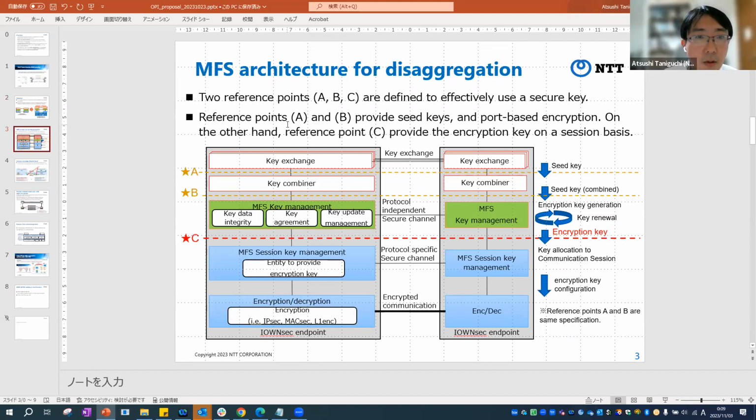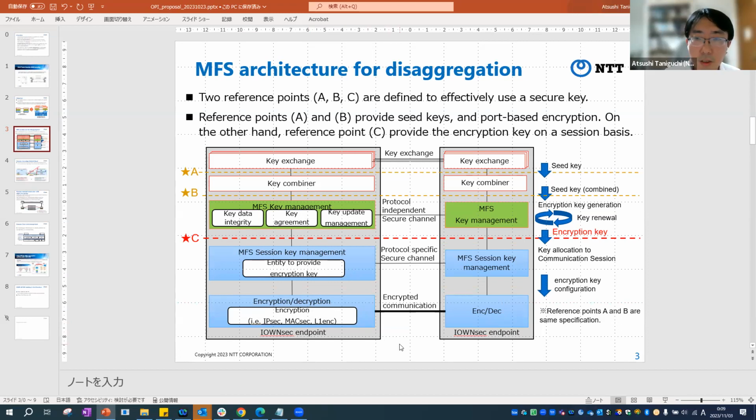For example, this provides key exchange and multiple key exchange, and by using the key combiner, combines the keys for multi-factor key management. This is responsible for key integration, key agreement, and couplet management, and multi-factor security session key management. It is to provide the encryption key to the encryption and decryption protocol: IPsec, MACsec, or AdvancedSec.